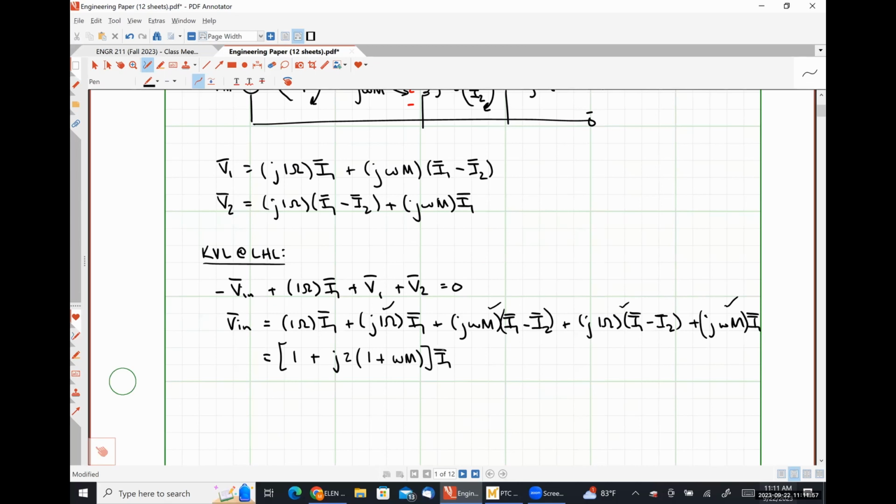Now let's look at what we have going on for the I2 terms. So we have a minus J, there is a 1 term from here, and then an omega M term from here, like so.